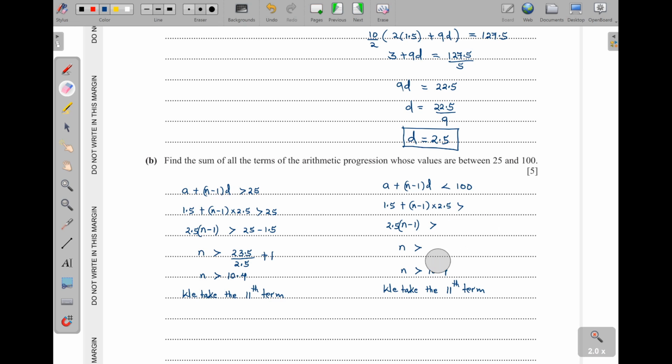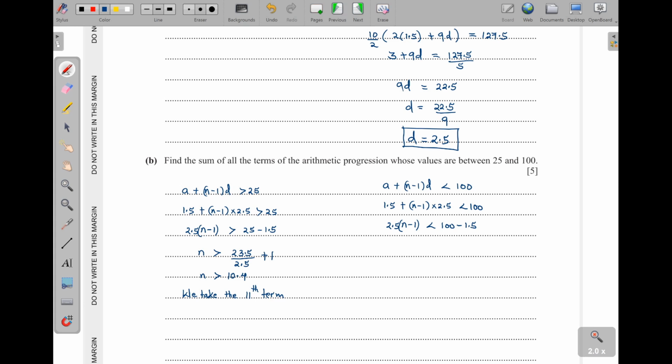Now 1.5 plus is the same thing. That one is less than 100. So you will again have less than. This is 100 minus 1.5.